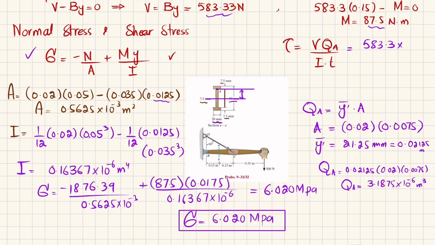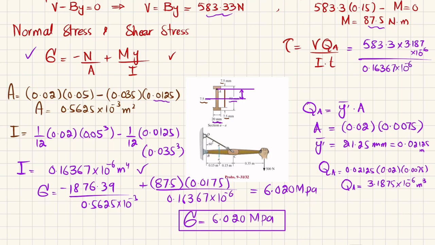So put the value: 3.1875 into 10 raised to the power minus 6, divided by I, and I is this one, 0.16367 into 10 raised to the power minus 6.